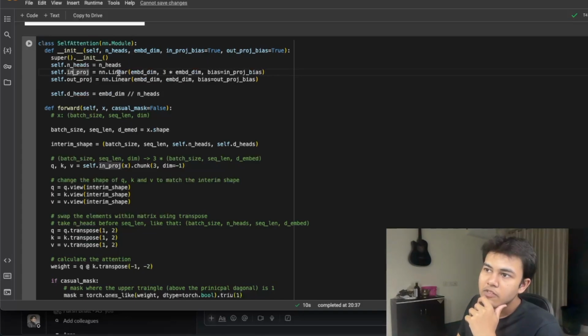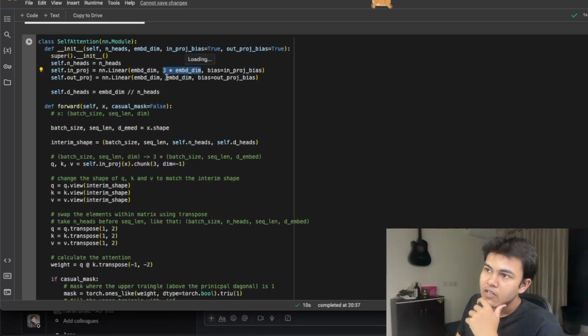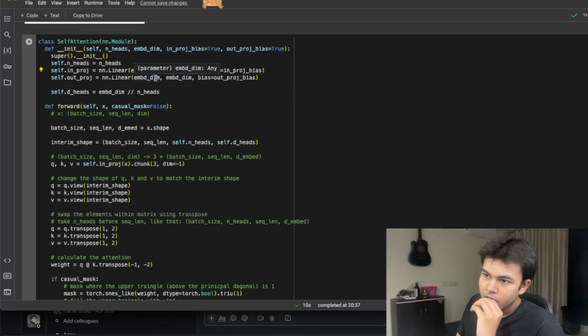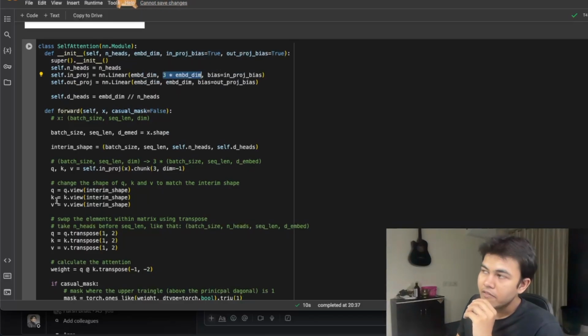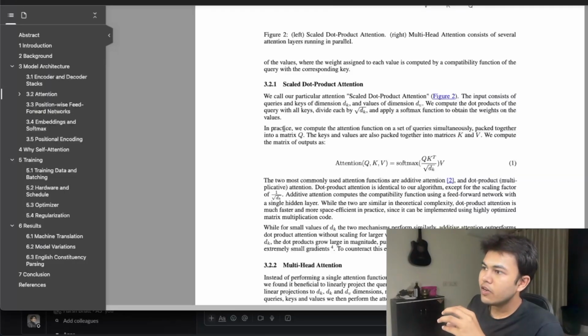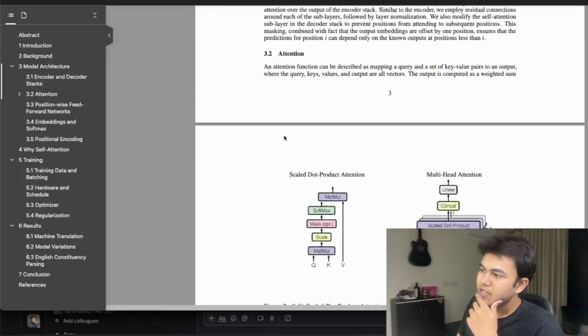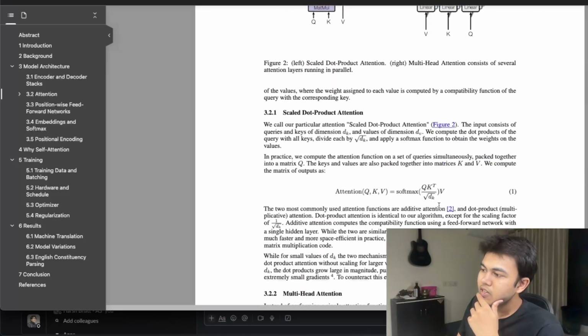In the projection layer, which is a linear layer, we go from the embedding dimension to 3 times the embedding dimension, as we want to divide it into 3 tensors, which are Q, K, V. You might already know about it, so I would recommend reading this paper to understand self-attention. These 3 things help us attain the attention score, Q, K, and V, right? And this thing in the root is the constant.